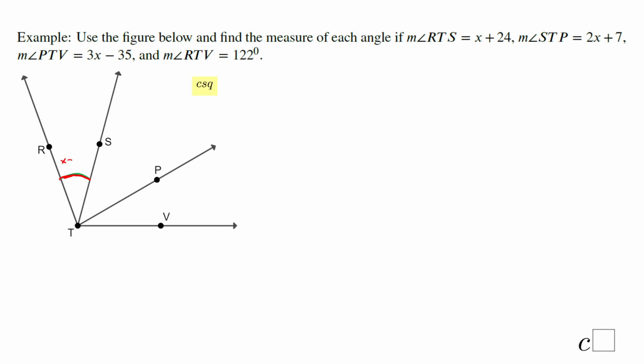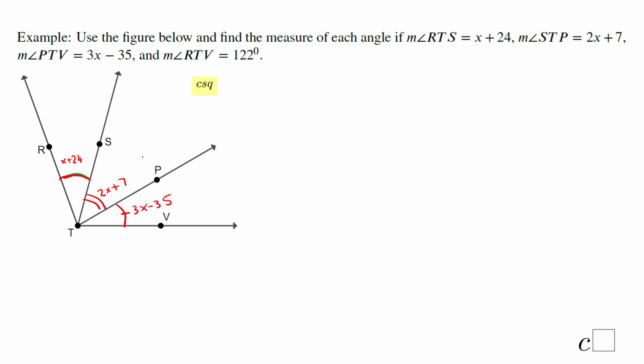So probably sometimes you may want to mark the expression, if it's possible, on your picture. STP, this angle here, which I'm going to mark a little bit differently, is 2x plus 7. And the angle PTV, this one, let's mark like this, is 3x minus 35.